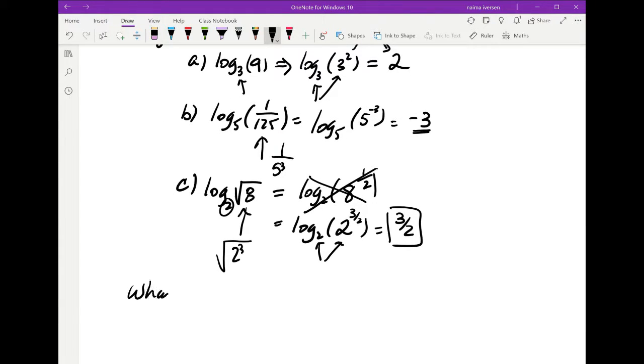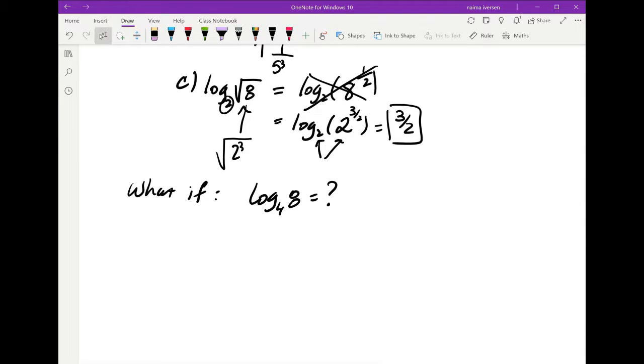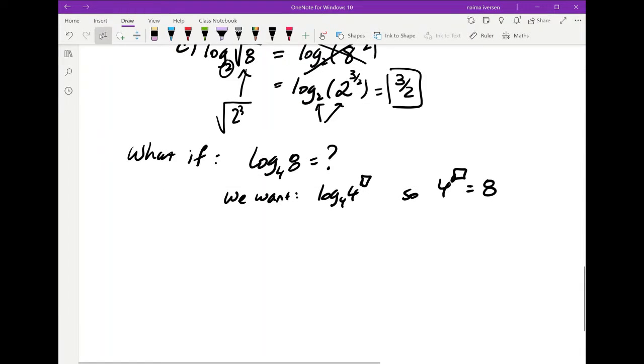Now, there is a problem with this one. What if I have something that's more difficult, log base 4 of 8? Well, there's a couple of different ways that you could do this. You could realize that what we want is log base 4 of 4 to the something. So 4 to the something has to equal 8, and that's where we use those exponent equations that we did before.